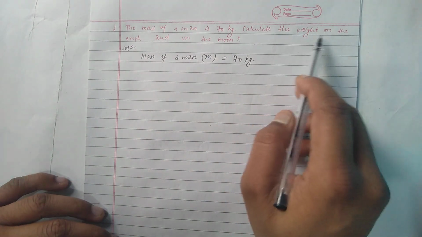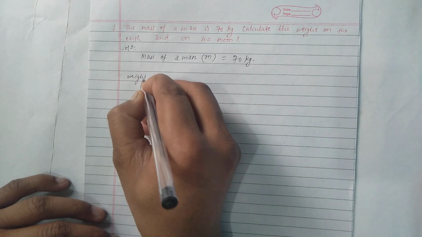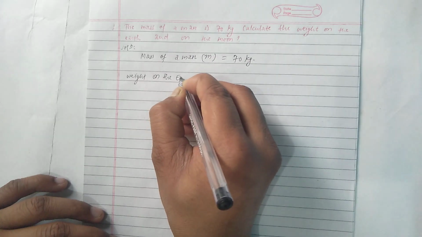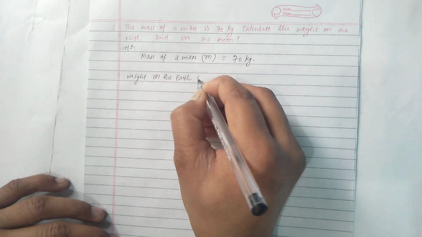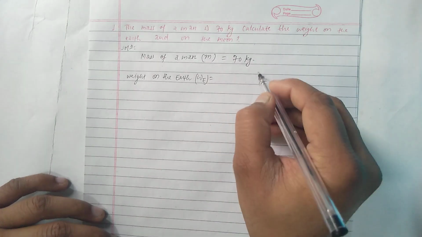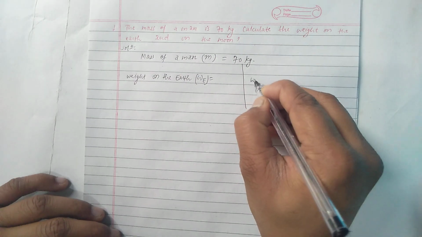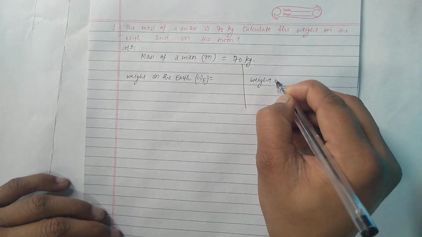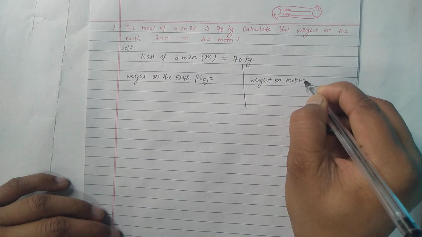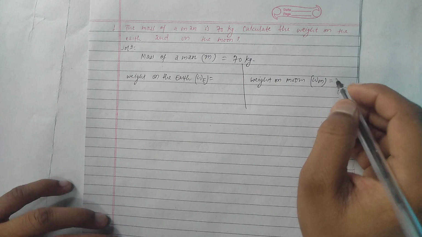Calculate the weight on the earth, that is W on earth. And in the second case we have to calculate the weight on moon. We have to calculate these two values.